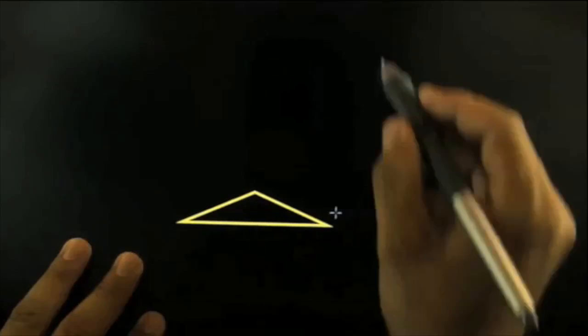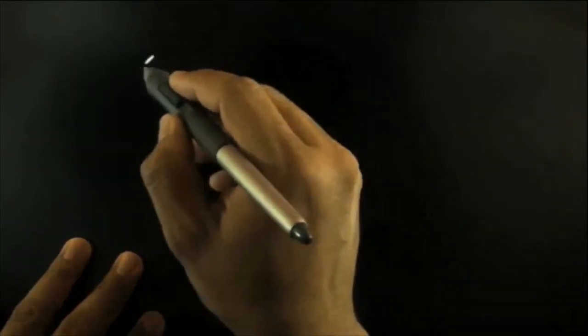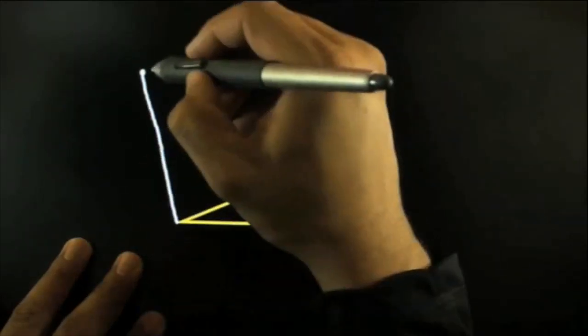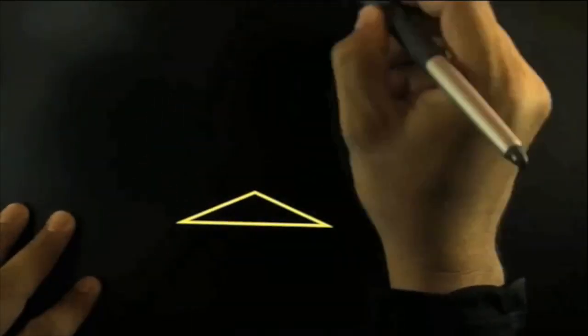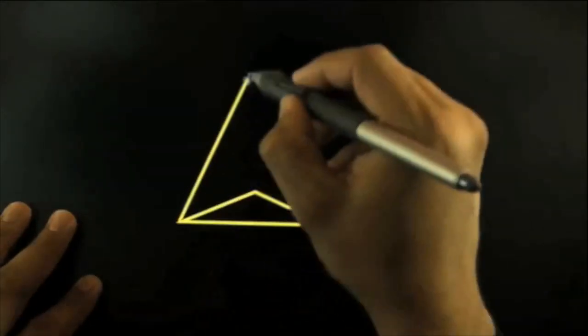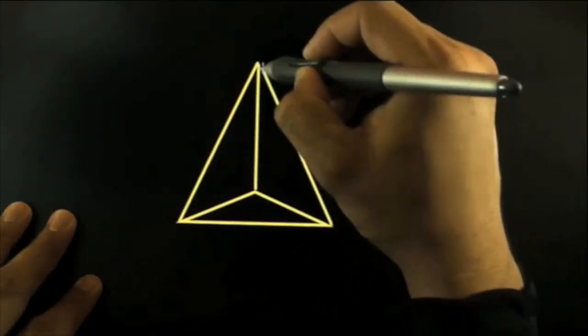For example, what would happen if you were to start off with, say, a triangle on the bottom. So you've got a triangle on the bottom. There it is. And suppose that you've got something that ends up on a single point.